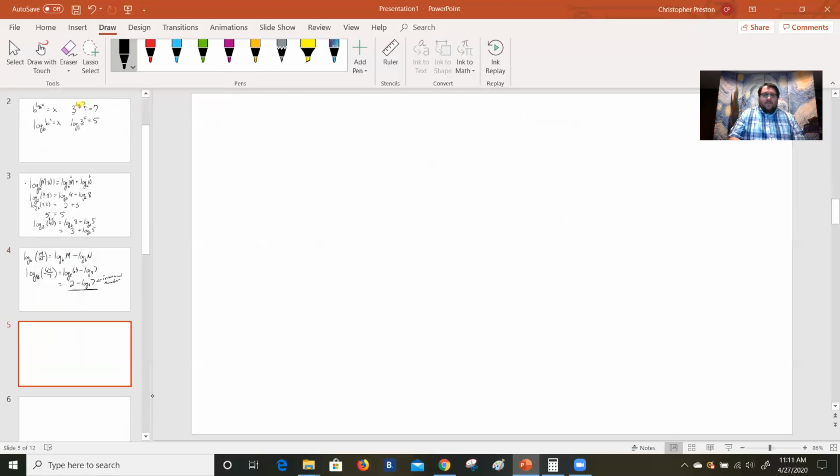And then a third property: if I had something inside with an exponent, I can move that exponent outside as a multiplier.